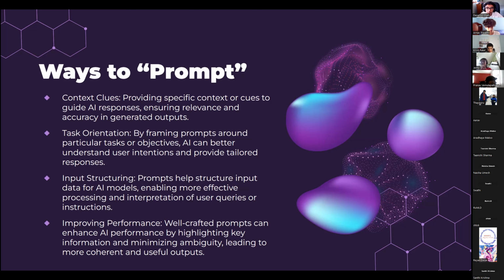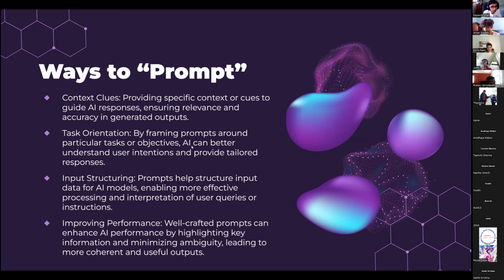So input structuring is where prompts help structure input data for models, enabling more effective processing and interpretation of user queries or instructions. And improving performance: well-crafted prompts can enhance AI performance by highlighting key information and minimizing ambiguity, leading to more coherent and useful outputs.